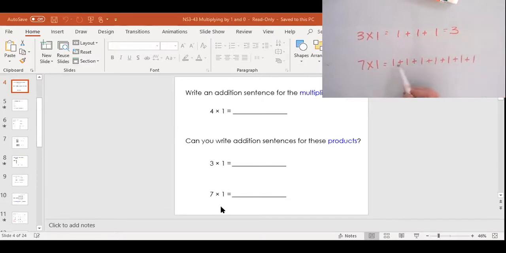Let me count. 1, 2, 3, 4, 5, 6, 7. That is 7 groups of 1, and that's equal to 7. Did you get it right? If you did, give yourself a pat on the back. All right, good job.